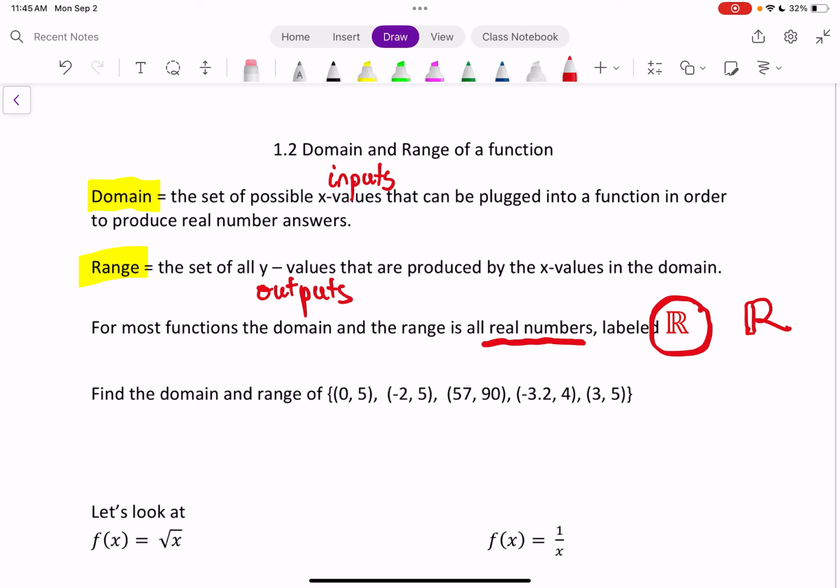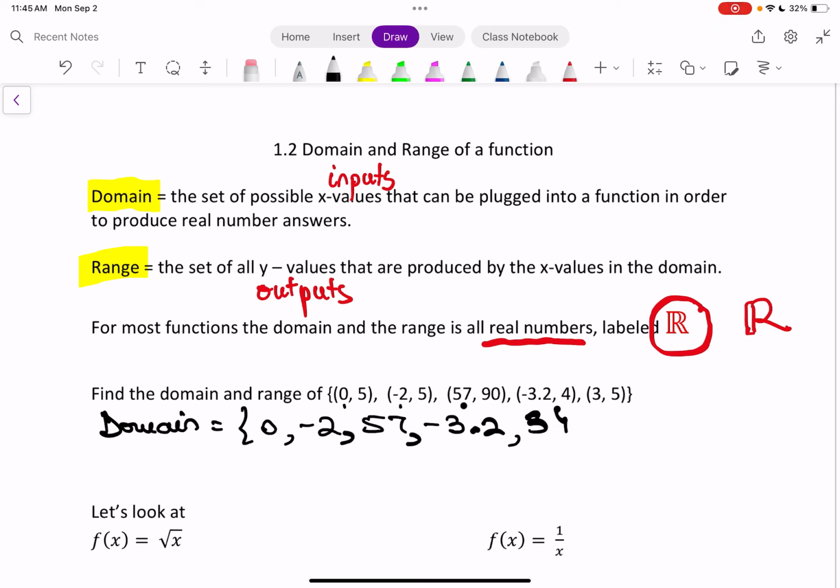All right, let's just practice on one really quick example. What would be the domain and the range of this set of ordered pairs? Again, the domain is all the x's, and the range is all the y values.